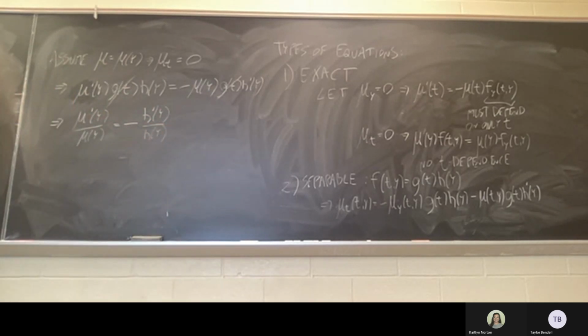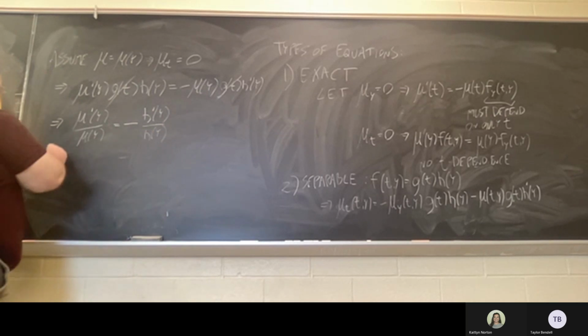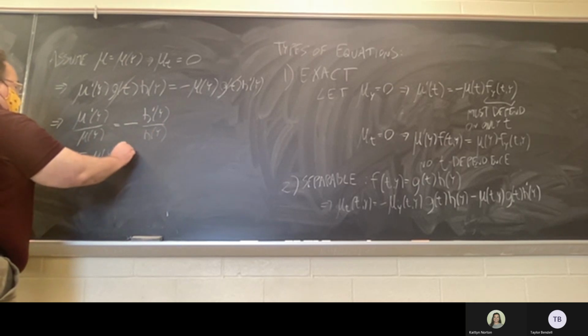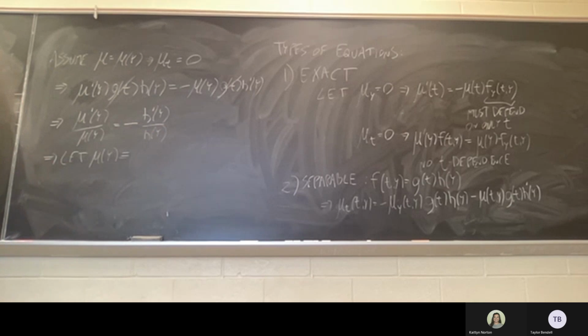Just by rearranging. So what would be a perfectly reasonable choice? Mu of y is equal to h of y? Or, no. Almost. Mu of y... h prime of y? Negative h of y?